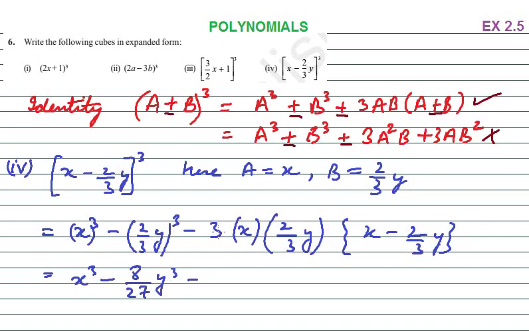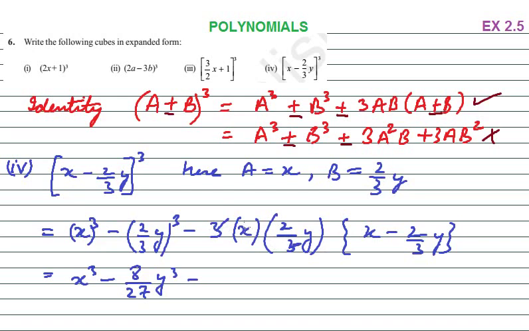Minus. Now this is 3 into x into 2 by 3y. Since this whole is one term, in fact not from here to here, from here to here it is one term, but leaving this bracket for now, what I'm doing is cutting this 3 with this 3, and you can cancel this 3 by this 3.